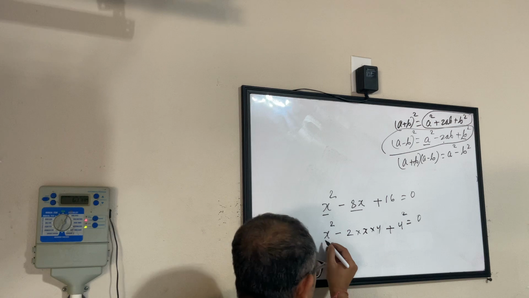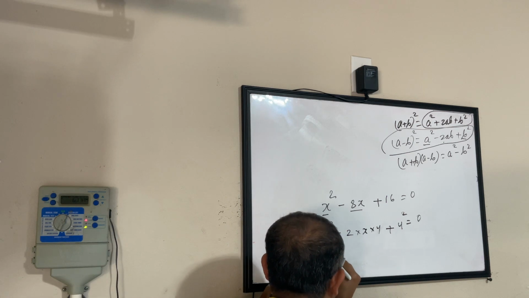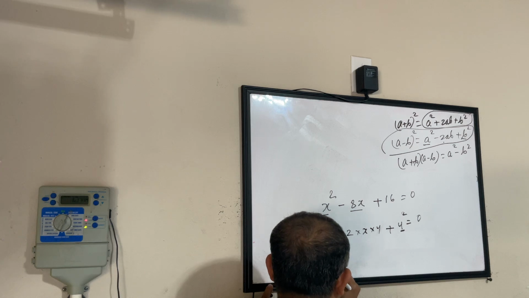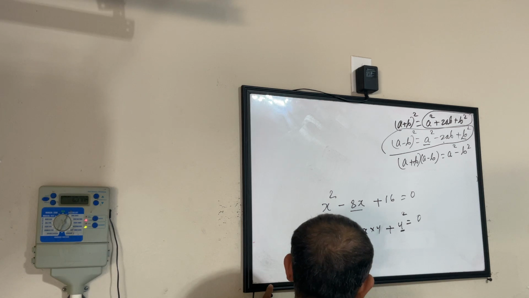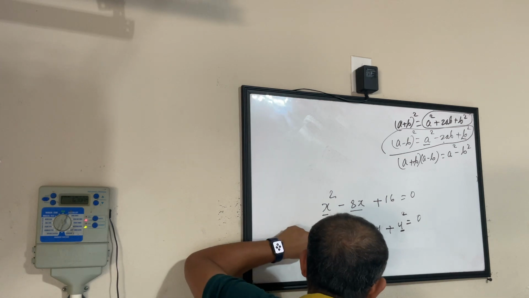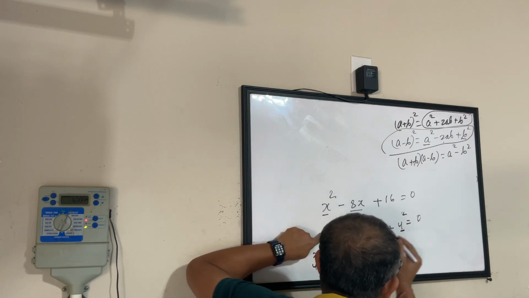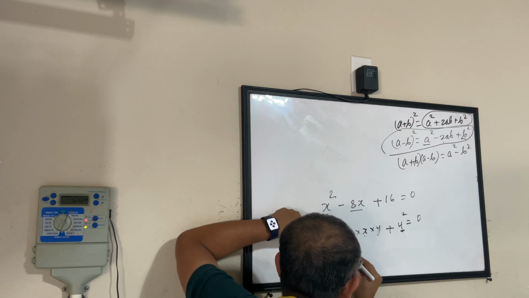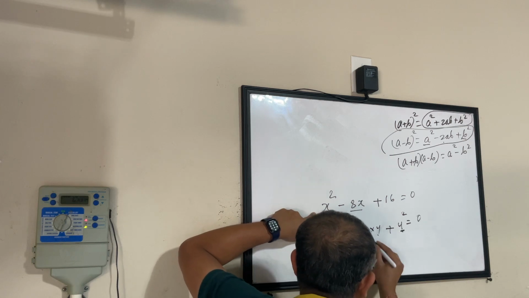Now, if I consider x equal to a and 4 equal to b, this is nothing but a squared minus 2ab plus b squared. What did this equation become? x minus 4 squared.